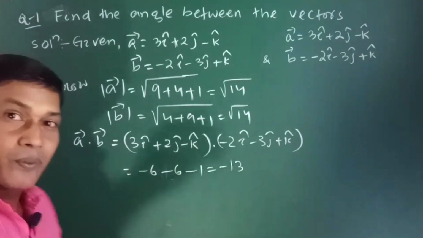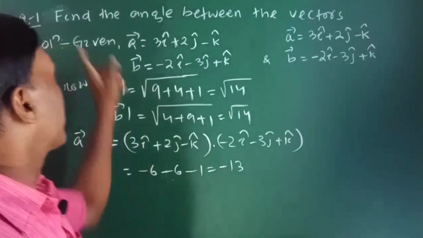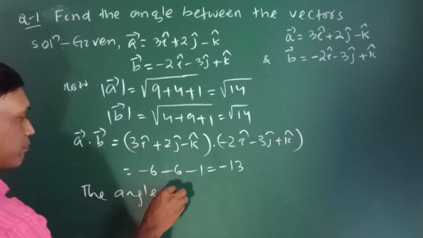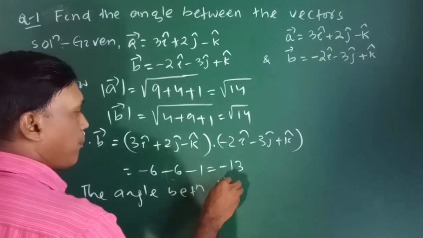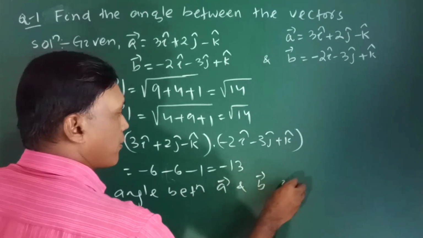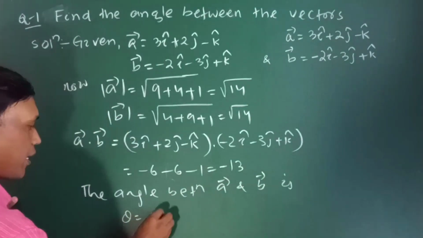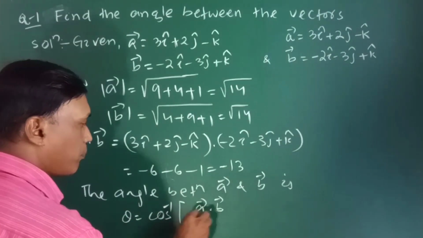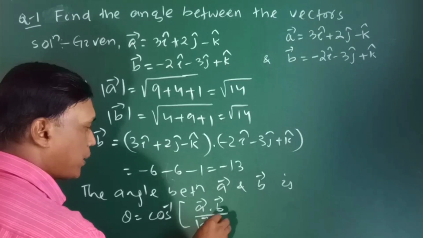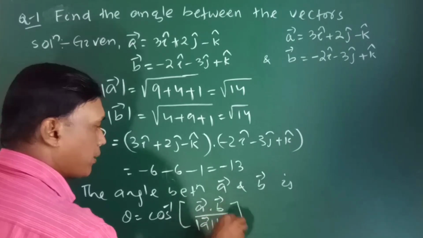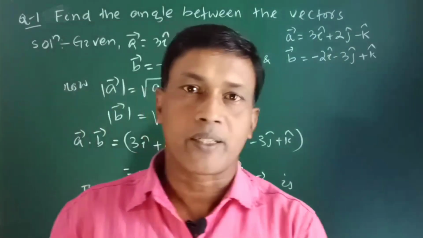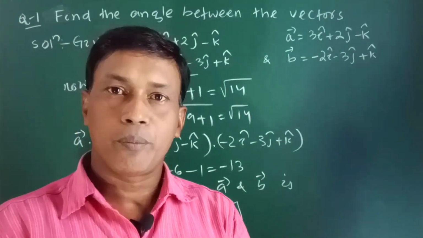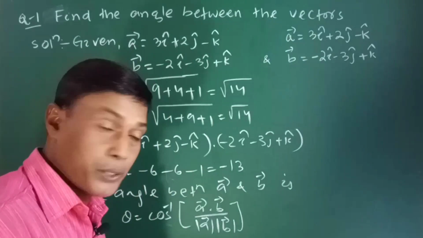So we know that the angle between a vector and b vector, theta, is equal to cos inverse of a dot b by magnitude of a into magnitude of b. The angle between two vectors is cos inverse of the dot product of the two vectors by the product of their magnitudes.